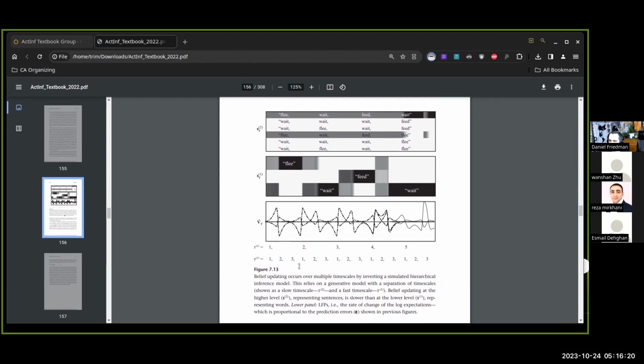So within each step, I mean, usually they use 16 steps to implement the message passing, and you will have this differential equation implemented as 16 different updates in a discretization.